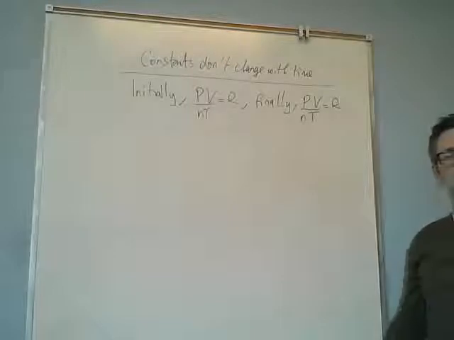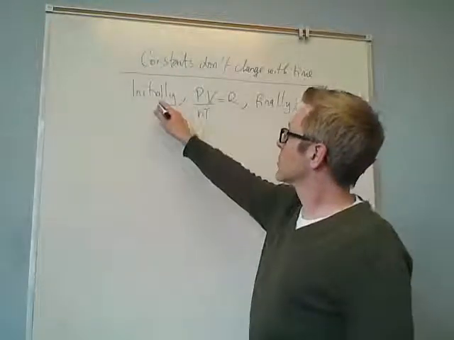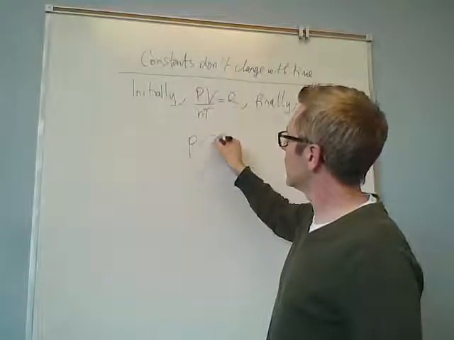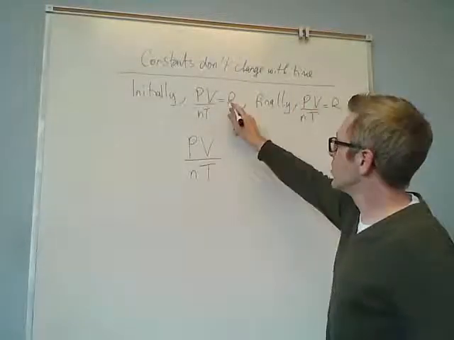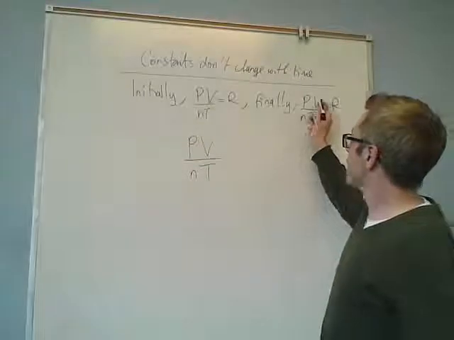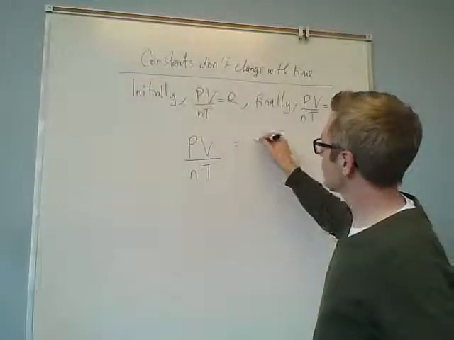So initially it's true, finally it's true. Under initial conditions, we know that PV over NT equals R. Well, that R is the same R here. So that PV over NT must equal that PV over NT.